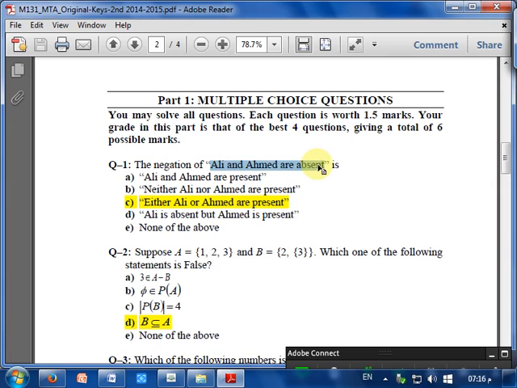Write the negation of this: Ali and Ahmad are absent. And both are absent.